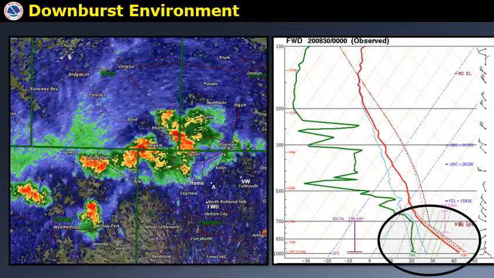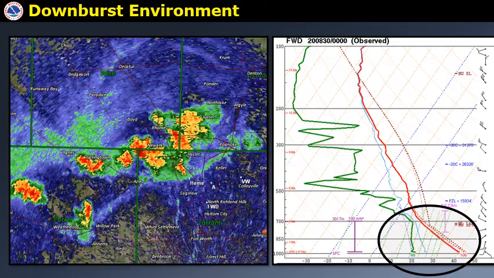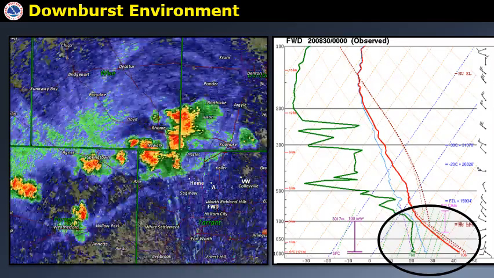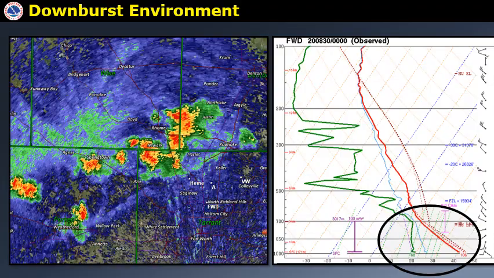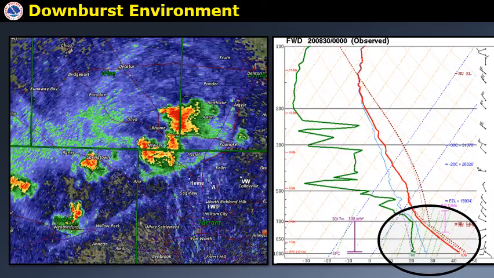Now, other than radar and satellite, weather balloon data is another important tool that meteorologists use to diagnose the thermodynamic and kinematic structure of the atmosphere. Now, we won't go through a complete review of the Skew-T Log-P diagram, and that's the diagram that you see to the right.